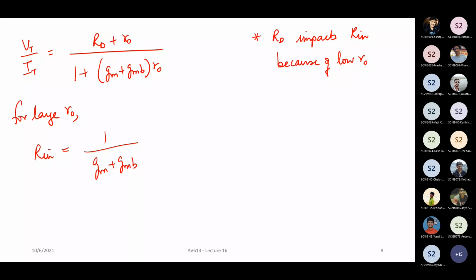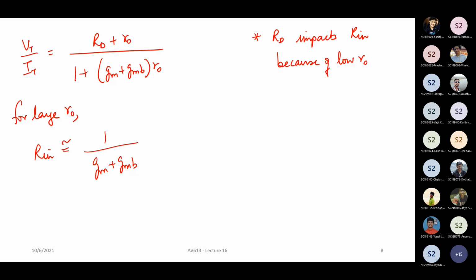This is what you would get, because as R naught becomes quite large, you divide the numerator and denominator by R naught, you basically get something like this. Now, because your R naught is not very high in lower nanometer technology nodes, your input does not come to this one.